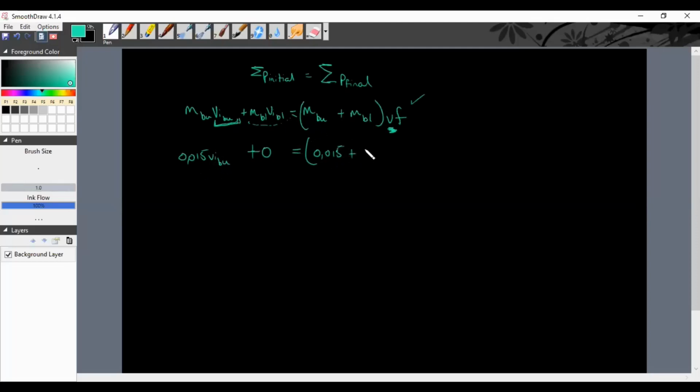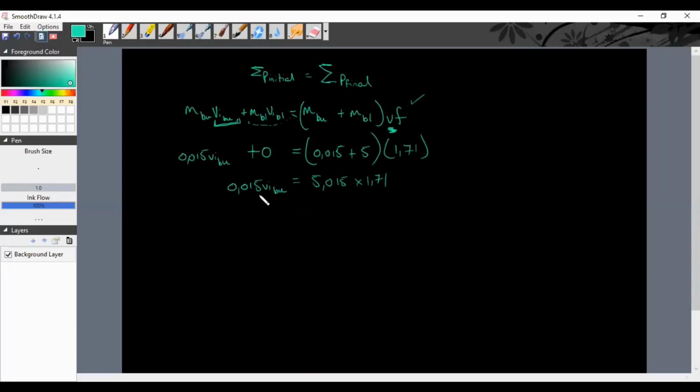We know the mass of the block was 5 kilograms. So it's obviously going to be 5.015 times 1.71, which we just calculated. That's going to be 5.015 multiplied by 1.71, and that's going to equal 0.015 VIBU, the initial velocity of the bullet.